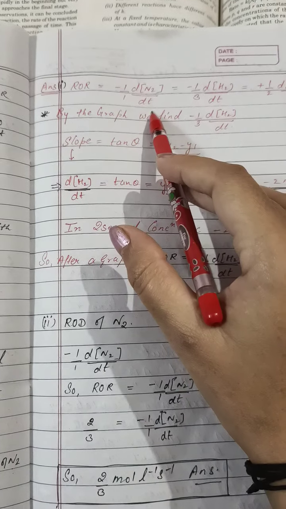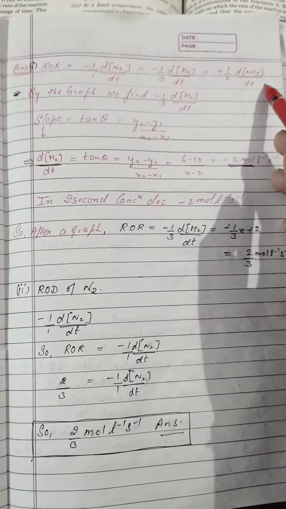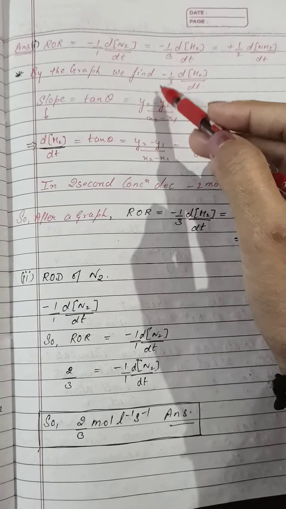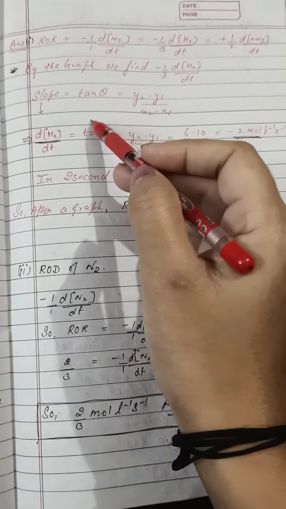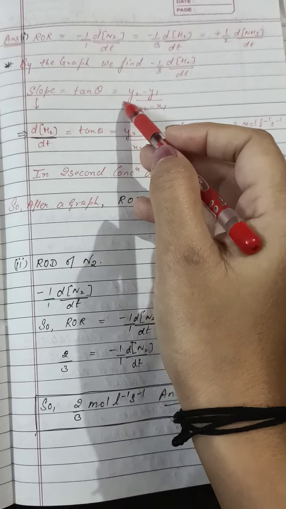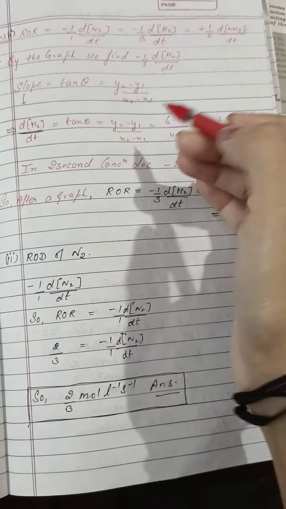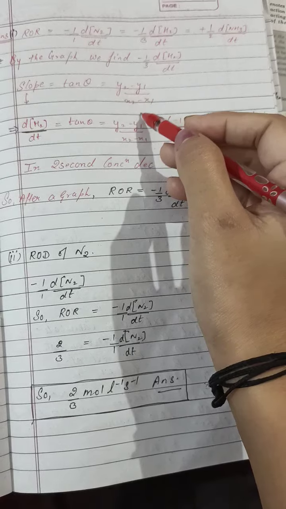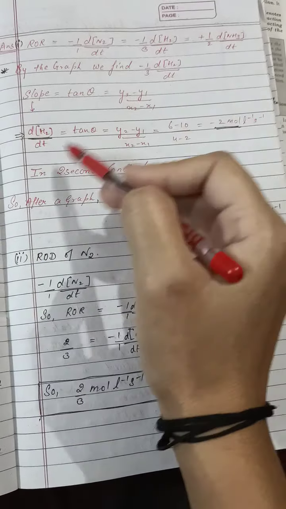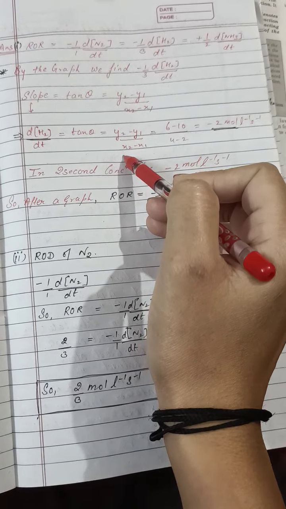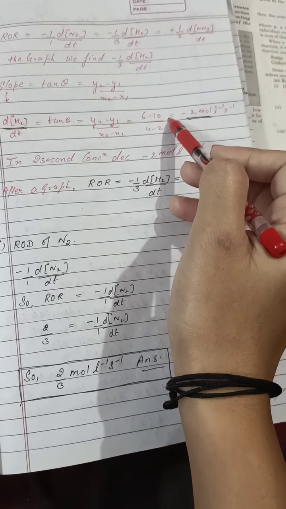ROR is 1 upon 1 dN2 upon dt, minus 1 upon 3 dH2 upon dt, the same, we use d here, not delta. Now from the graph we find minus 1 upon 3 dH2 upon dt. The slope, tan theta, equals y2 minus y1 upon x2 minus x1, and we can use any other values also. So the dH2 slope here is y2 minus y1, and these values come from the graph: 6 minus 10.